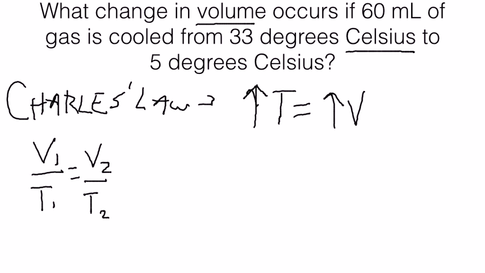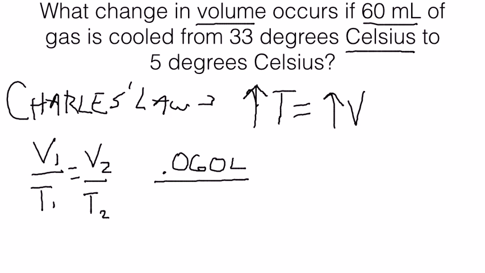We have V1, our initial volume is 60 milliliters. Remember, we have to convert out of milliliters and get into liters. Move the decimal 3 times to the left to do that, so you would have 0.060 liters over 33 degrees Celsius, converted into degrees Kelvin.